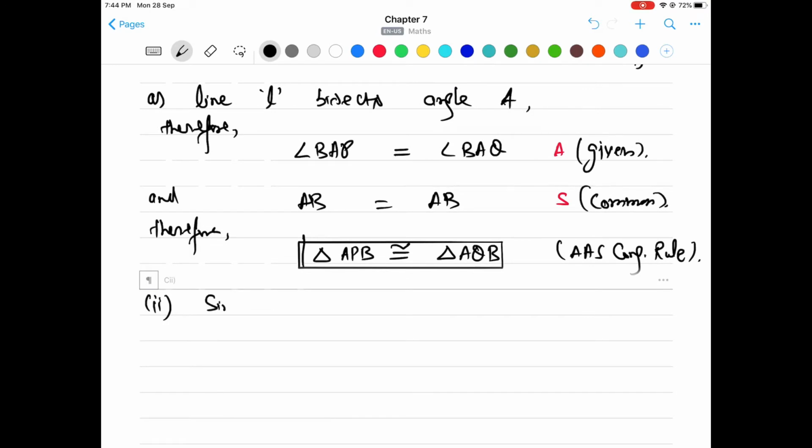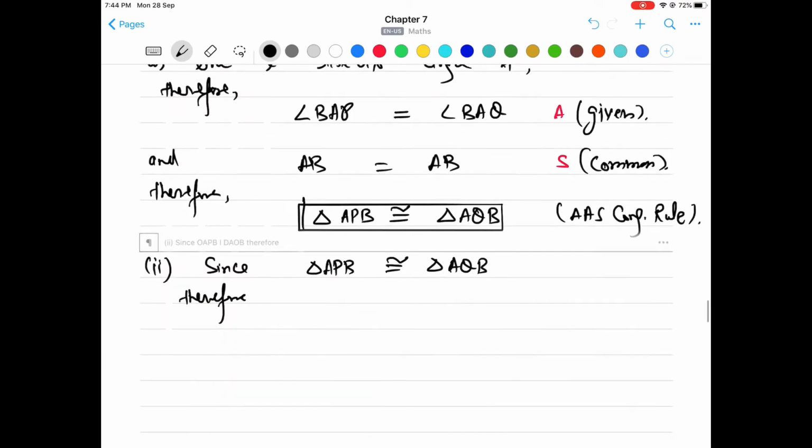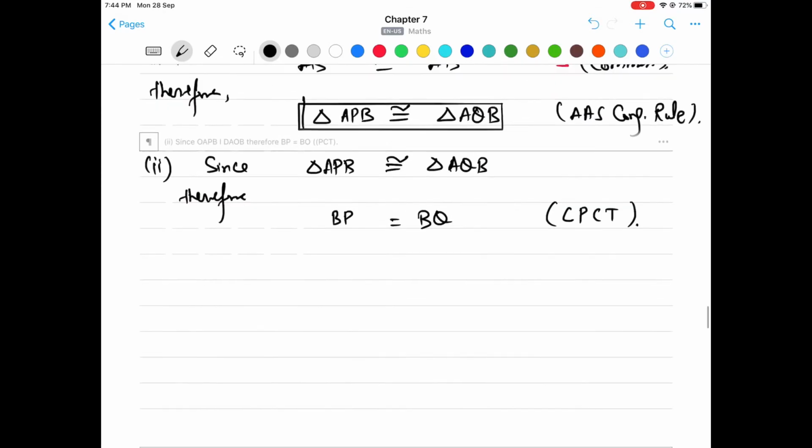So I'll write, since triangle APB is congruent to triangle AQB, therefore this side, BP and BQ will be equal because they are corresponding parts of congruent triangles, CPCT. Okay, so that's the solution for question number 5.